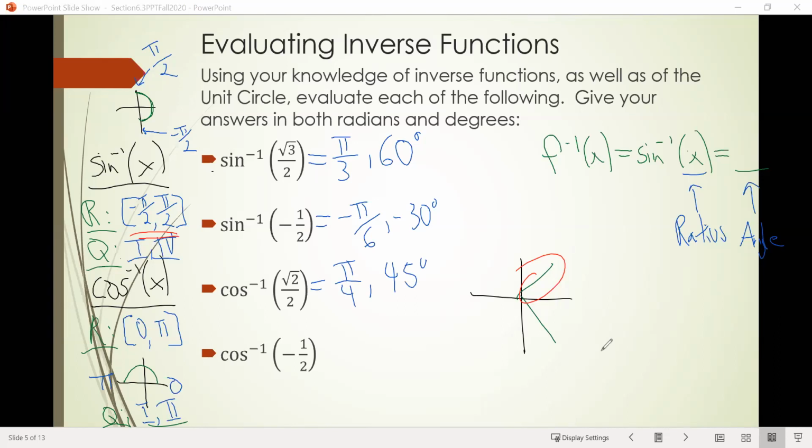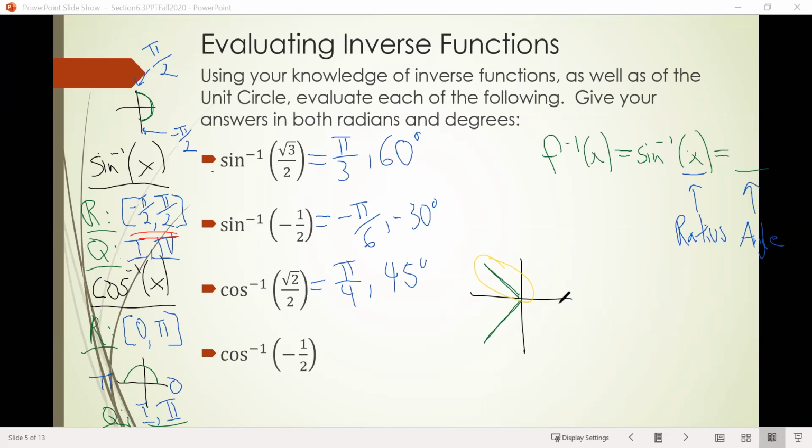And then for inverse cosine of -1/2, we are looking again where cosine is equal to a negative number, which is either going to be in the second or the third quadrant. Again, inverse cosine only gives us answers in the first or the second, so we know we have to give the answer from the second quadrant there.